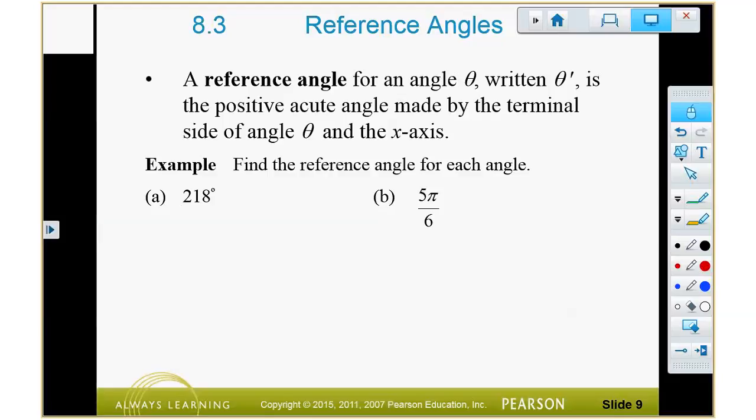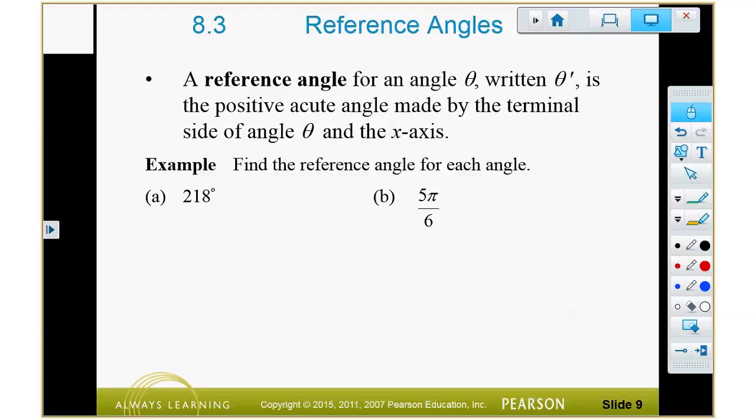So 218 degrees. We know that 218 degrees is where? In the first, second, third, or fourth quadrant? Third quadrant. So we know it's less than 270. Now, if they were wanting it with the y-axis, it would be 270 minus 218. But since they want it with the x-axis, it could be two different things. It could be what? 360 minus 218, or it can be 218 minus 180.